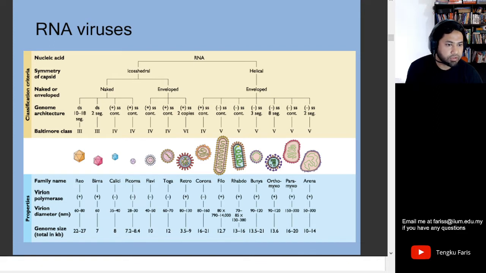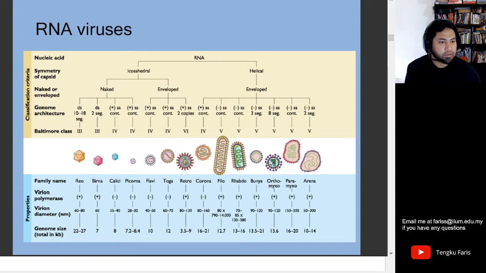And down here are the properties, in the blue box, the family name of the virus. For example, the coronavirus, the virion polymerase, this negative. The virion diameter is 80 to 160, and also the genome size in kilobases is around 16 to 21.